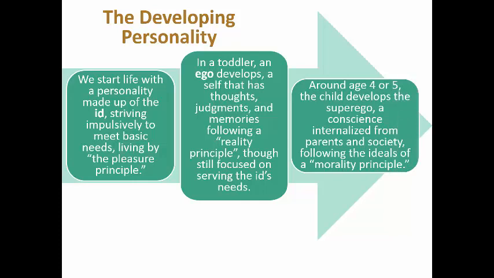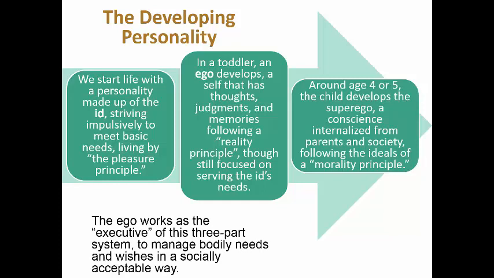At around age 4 or 5, the child develops a superego, or what we call a conscience, which is internalized from parents and society, following the ideals of morality and principle. And so the superego could be considered to be our morality or our conscience. And so the ego works as the executive of this three-part system to manage the bodily needs and wishes in a socially acceptable way.